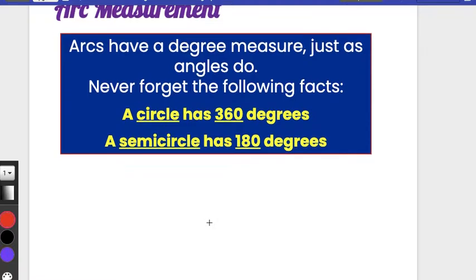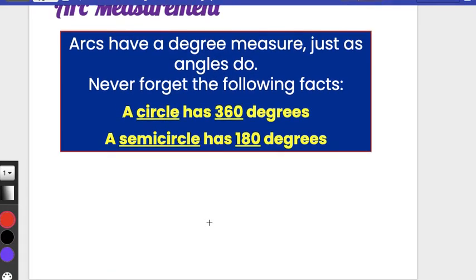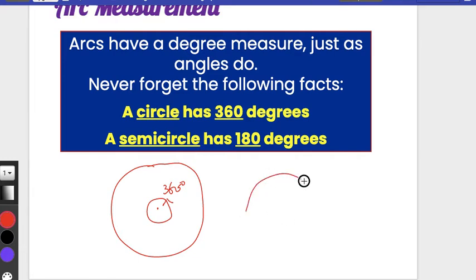But before that, there's one fact we need to know: the whole circle is 360 degrees. However, a semicircle, half of the circle, as we all know, is 180 degrees.